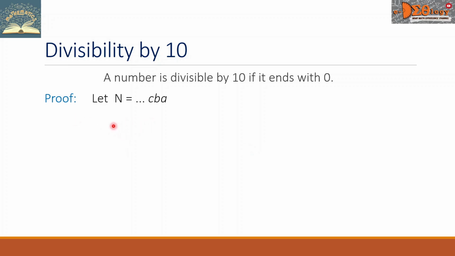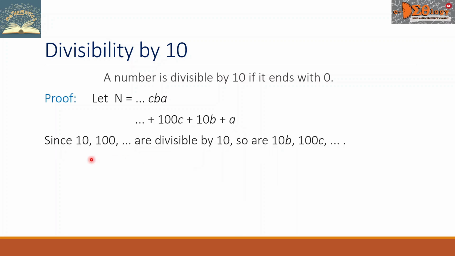Here is the proof. Let capital N equal ...CBA. We have here a 3-digit number, but the 3 dots in front of CBA represent some arbitrary digits. If we write this in general form, we will have ... plus 100C plus 10B plus A. Since 10 and 100 and so on are divisible by 10, so are 10B, 100C, and so on.